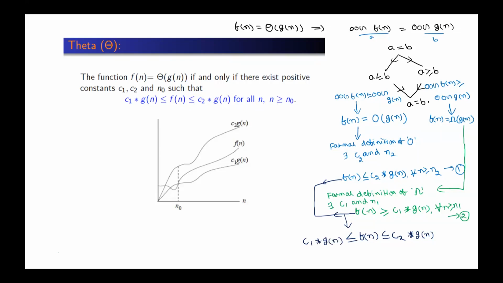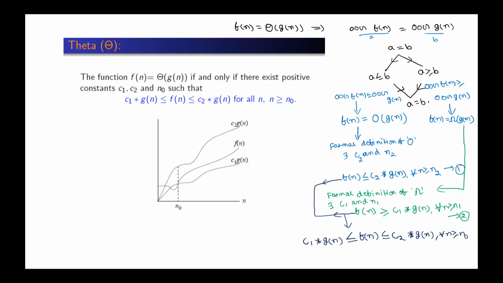Is that correct? This is true for n greater than or equal to N2. This is true for n greater than or equal to N1. The combination will be true for some constant n greater than or equal to, let us say, n0. Is that correct?